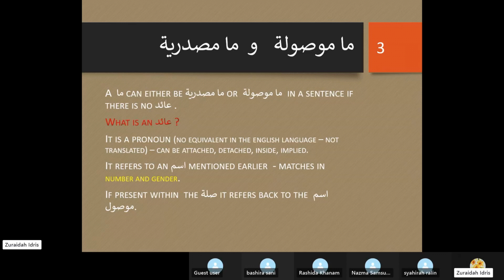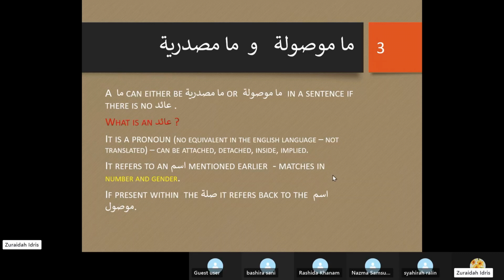That's why we say the isim mausul and the sila is fi mahali something: fi mahali mubtada rafa, fi mahali jar, fi mahali nasab. Because it is actually an isim, but it is made up of two parts: the isim mausul and the sila. Your a'id is inside the sila, and it actually refers to the isim mausul.